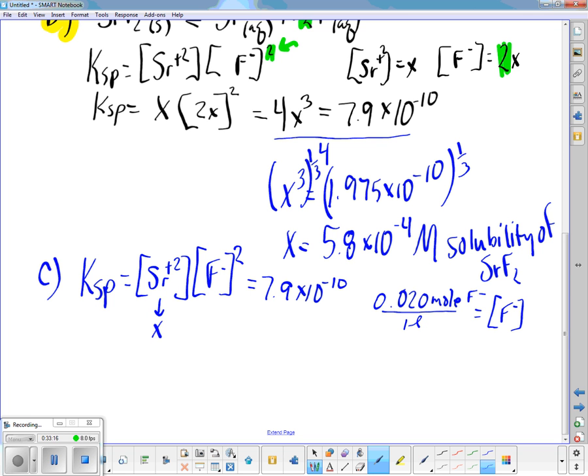Strontium becomes my X, and this becomes 0.020 molar is equal to 7.9 times 10 to the minus 10. I'm solving for the strontium concentration. Yes, I do need to square it. Thank you. Okay. So solve for X here. Let's see what X is. And that's going to be my strontium concentration here.